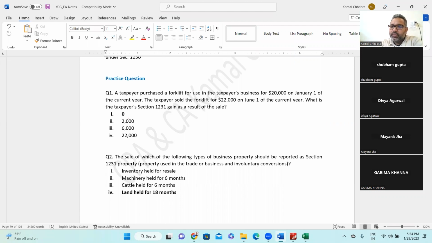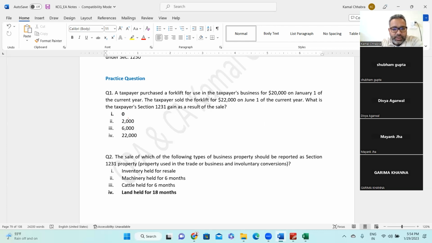Right, everyone? Yes, sir. Mayank, Rajat, got it? Second question: the sale of which of the following types of business property would be reported under section 1231? Property used in trade or business and involuntary conversion.